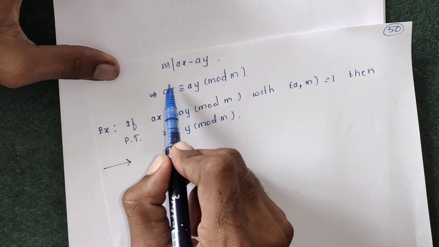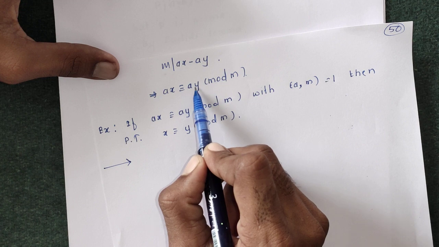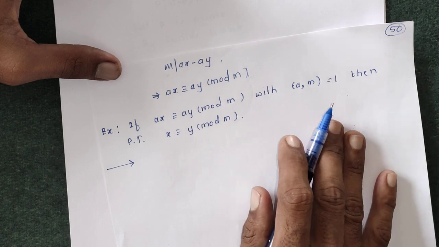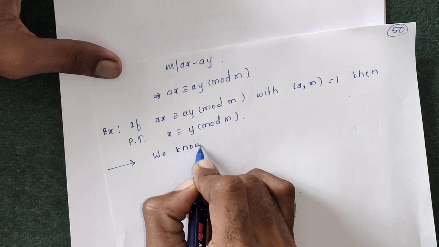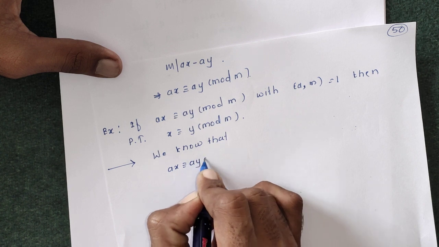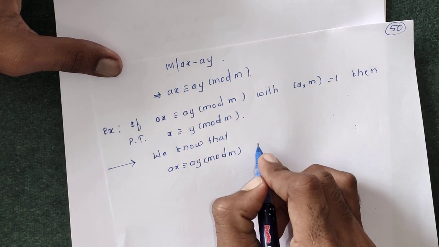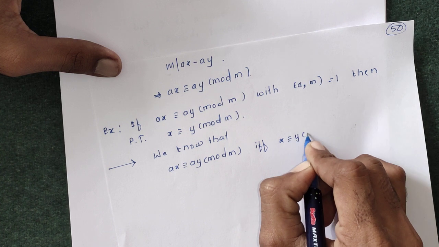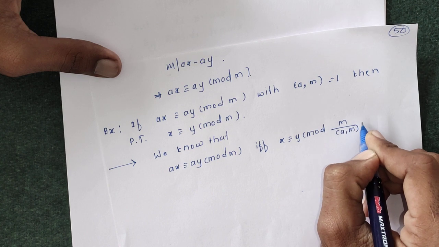The previous theorem was: if ax is congruent to ay mod m, then x is congruent to y modulo m upon GCD of a and m. Using this result, we can directly solve this. We know that ax is congruent to ay modulo m if and only if x is congruent to y modulo m upon the greatest common divisor of a and m.